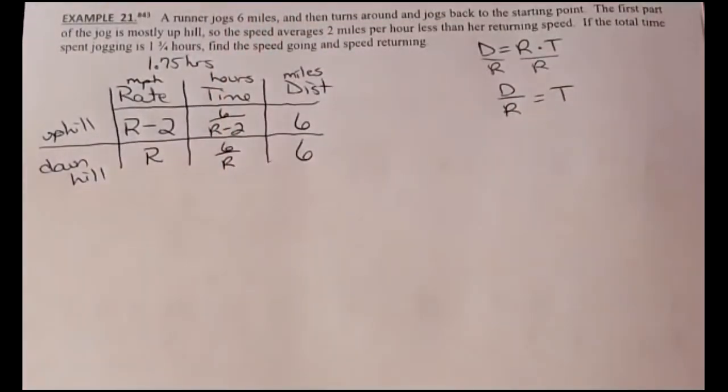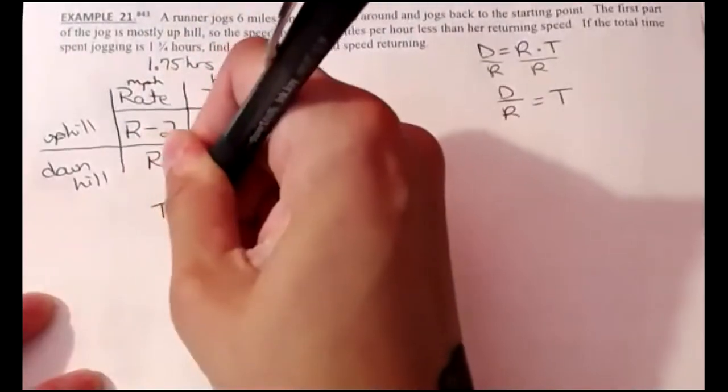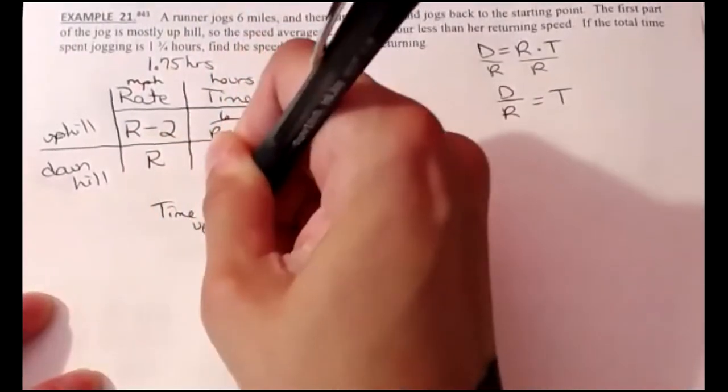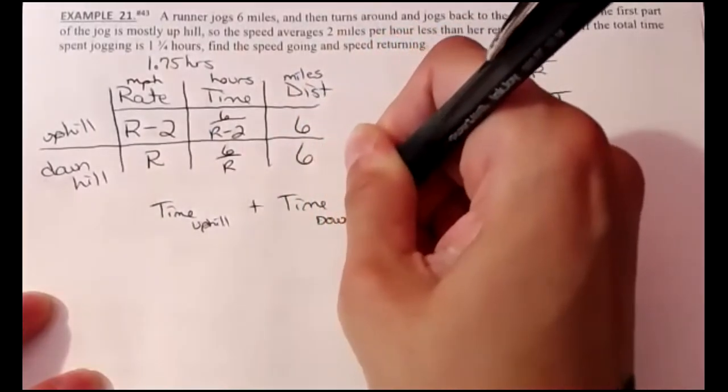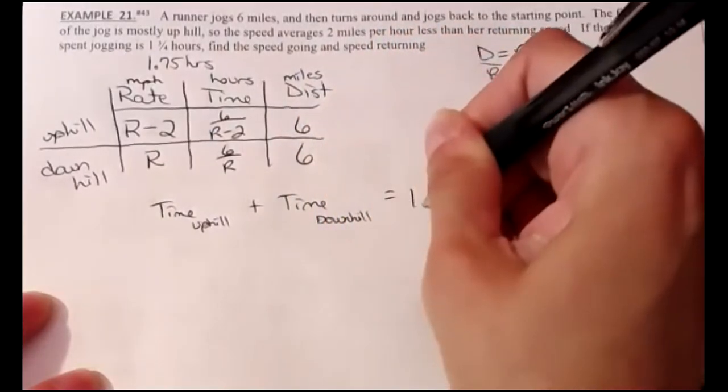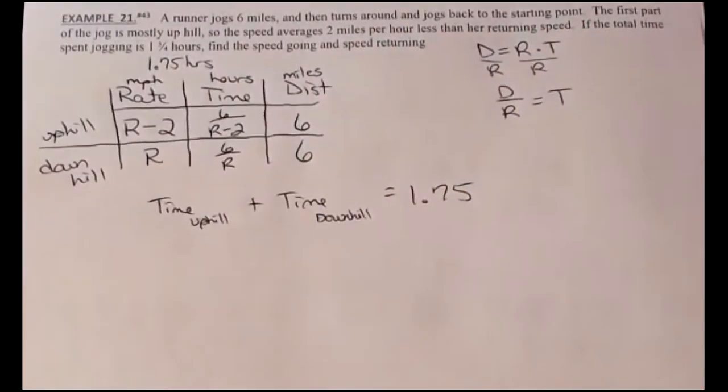Okay, we have all the information except for one piece. We are told the total time spent jogging for the whole thing is 1.75 hours. So what that means is that her time uphill plus her time downhill should equal 1.75 hours. The total time is 1.75.